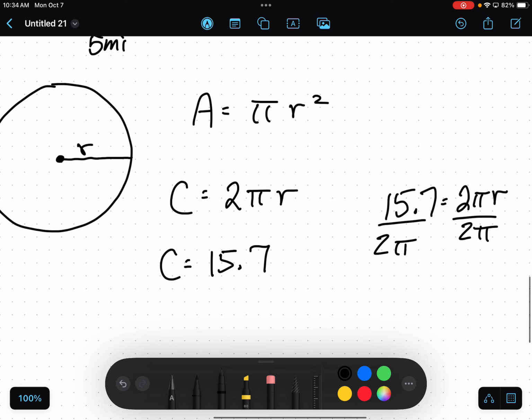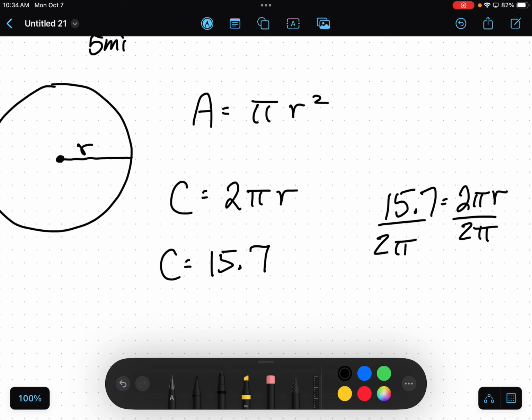How big is pi? Our estimated decimal is 3.14. You could also use 22/7. That's the estimated fraction. But pi itself goes on forever, so 3.14 is plenty good if you want to use that for us.